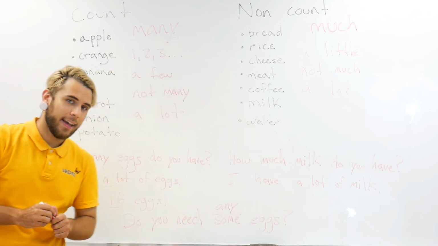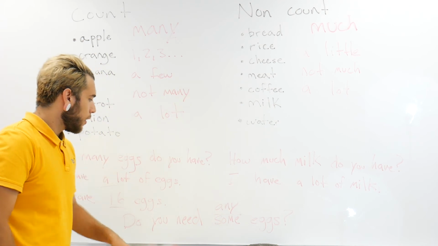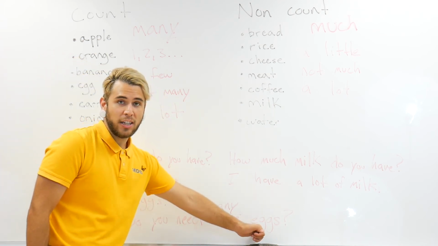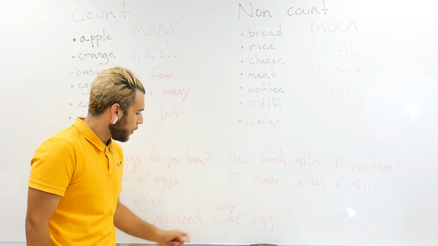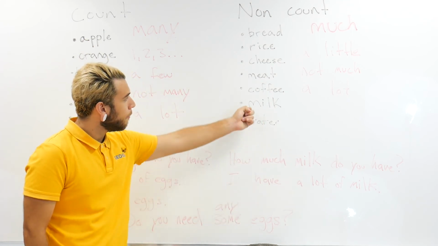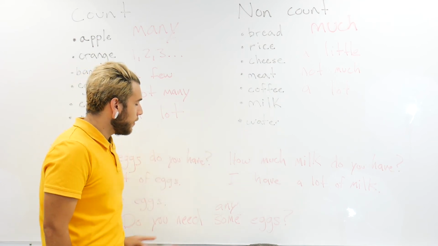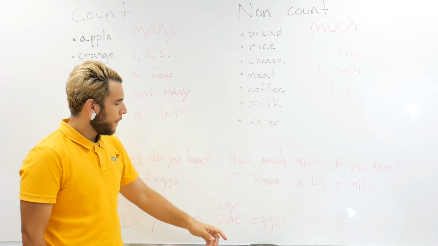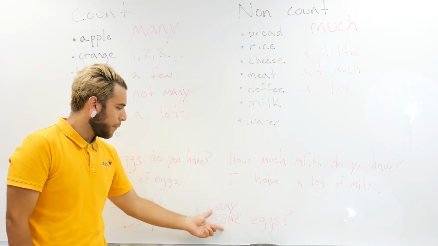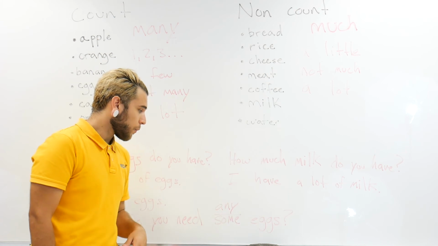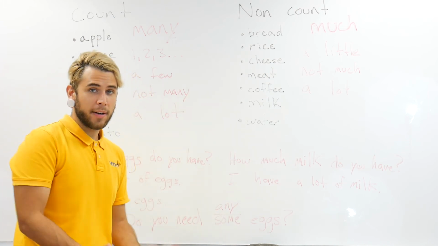Do you need any eggs? Do you need some eggs? This is a count item, but you can also change this to a non-count. Do you need any milk? Do you need any water? Do you need some rice? So some and any can be used with count or non-count items, and you can answer in positive or negative.